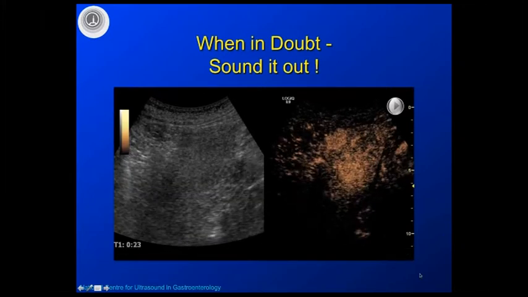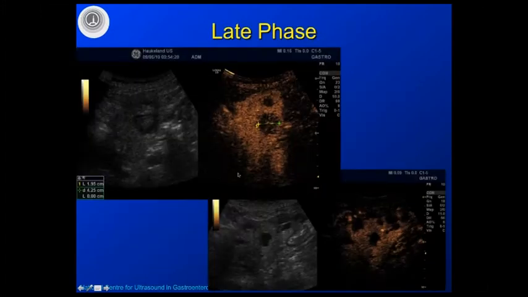However, if you look around in the liver, we might find other lesions that are typical for cysts, but in late phase, some of these were classical washout lesions. So this patient actually had many cysts, but 2 lesions that were very suspect for metastasis, and that was proved also to be the truth.